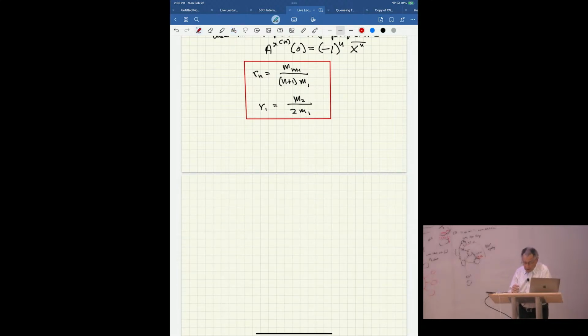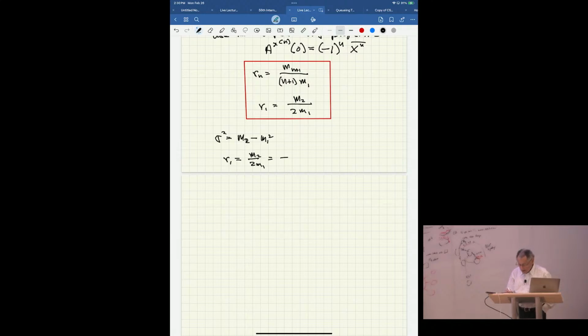So now to pick up where I started before, remember that sigma squared is equal to the second moment minus the first moment squared in general. That means that this first moment of the residual life, we know it's equal to m2 over twice m1.